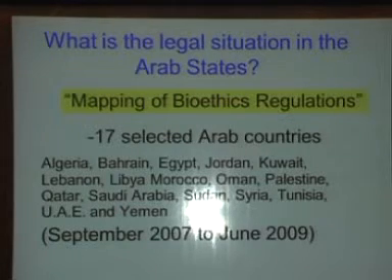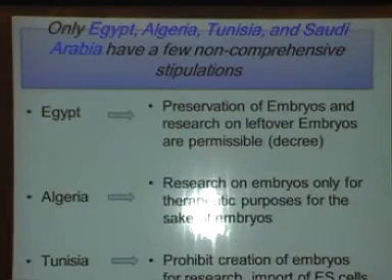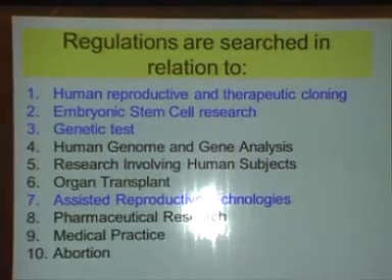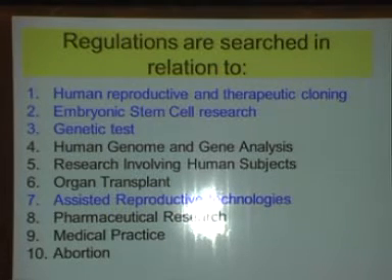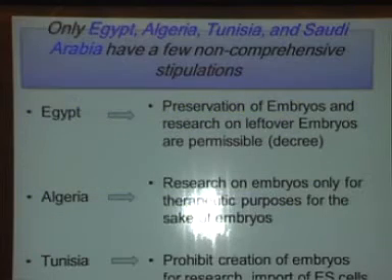So when we look a little bit more closely into each country's regulations, UNESCO conducted a survey in 17 selected Arab countries, and this is the documentation. We have the outcome of the survey, and we surveyed 10 issues: the national regulations on human reproductive and therapeutic cloning, embryonic stem cell research, genetic tests, and organ transplant, like this.